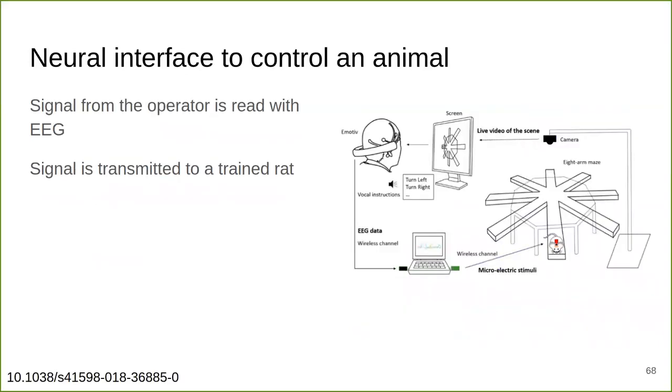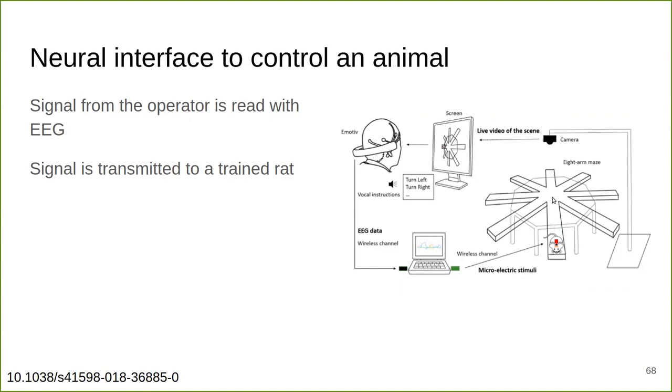And as for more complicated neural interfaces, right now there are a lot of studies where you can utilize neural interfaces for different applications. Like this one, where a neural interface was used to control an animal: the signal from the person, the operator, with the electroencephalograph was transmitted to a trained rat that knew how to respond to different signals sent from this operator.